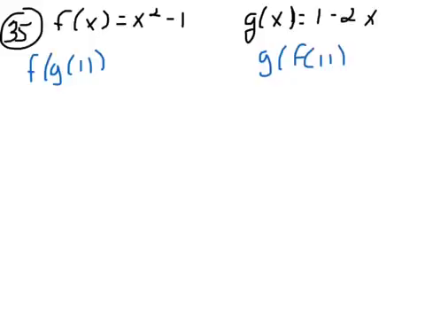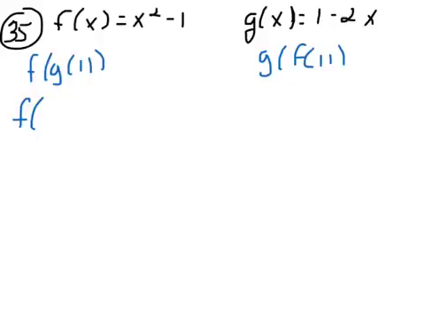Let's start with the one on the left, f of g of 1. What this is telling me, I always kind of start from the, well, you could do it either way. I'm going to just start from the inside, okay? I'm just going to write down f of g of 1.